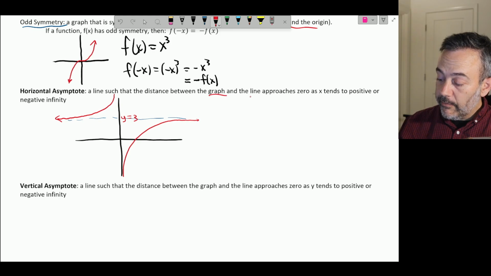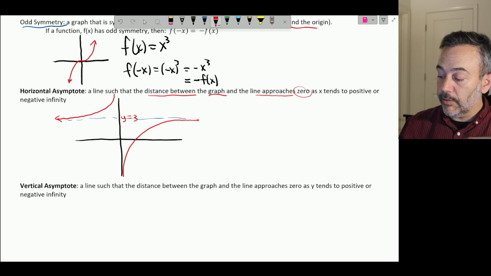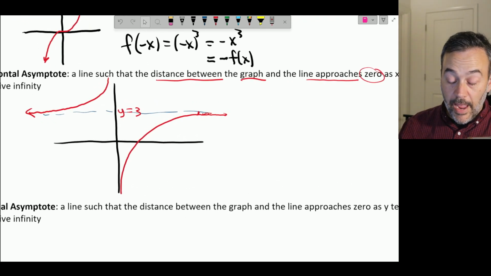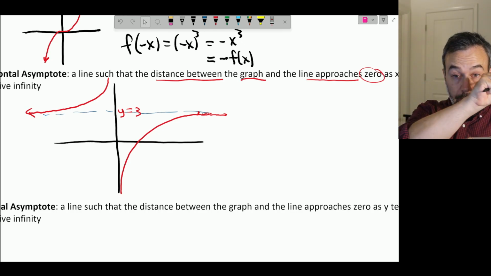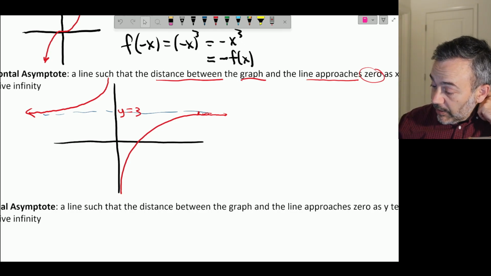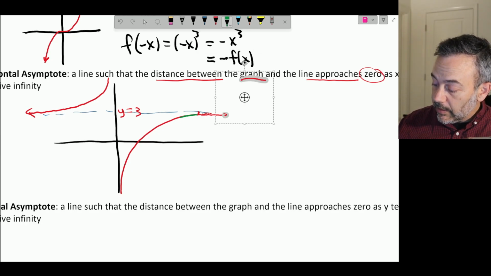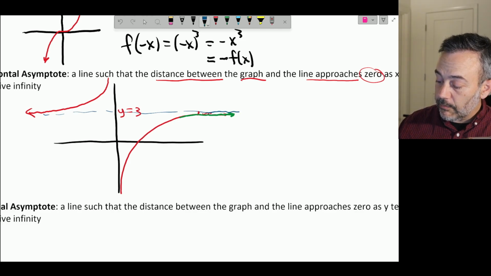The difference between the graph and the line approaches 0. So the gap between the red graph and the blue horizontal line gets closer and closer to 0. The function is getting closer and closer to the value 3 because this horizontal line is at 3.